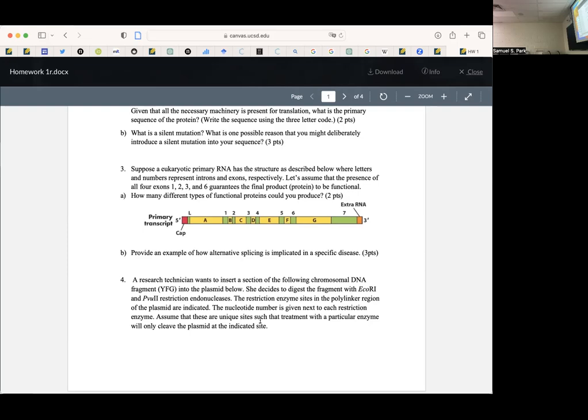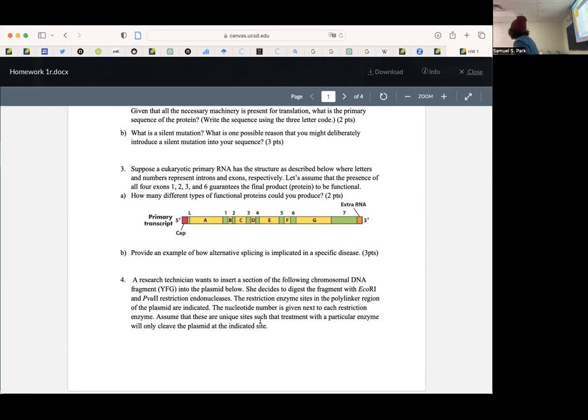My takeaway from what you wrote is that when alternative splicing occurs frequently in the cells, that's how we get the defects.